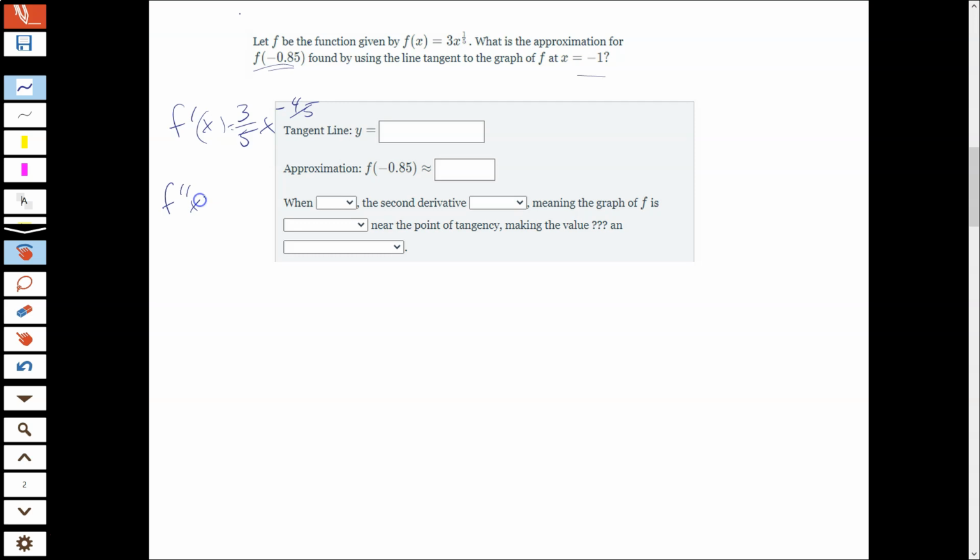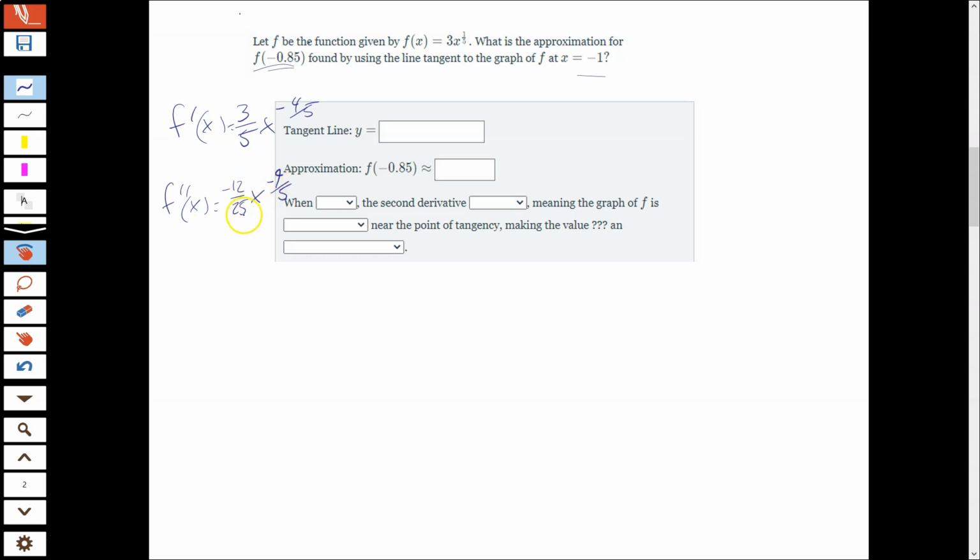F double prime of x is going to be power rule again, -12 over 25, so I've multiplied my fractions there, x to the -9/5 now. And it's fine to leave it as negative exponents. Often, like Delta Math would want you to put it into a more proper form using roots and positive exponents, but it's fine.